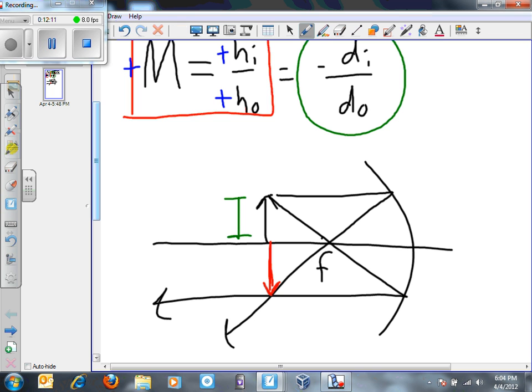Now, if we call this height a positive number, then because this is on the other side of the principal axis in the opposite direction, we call this a negative number. So this height of the object here would be a positive number, but the height of the image would be a negative number, making our magnification a negative number. The next video will show how to do the math with this sign convention.